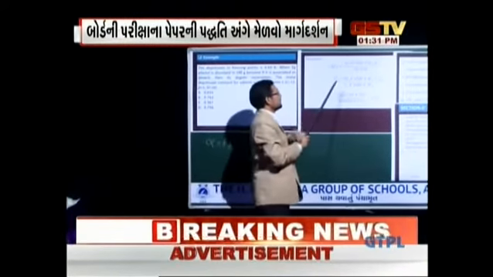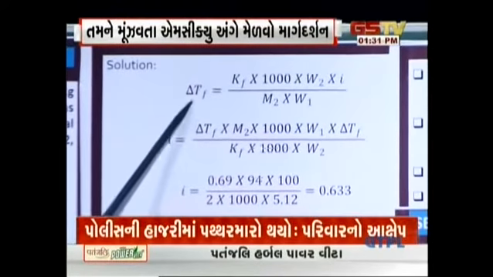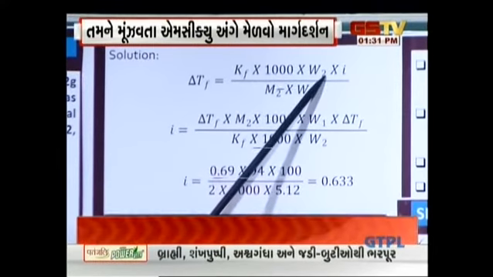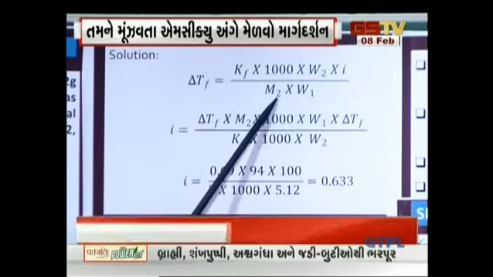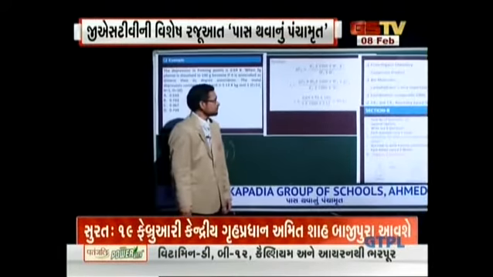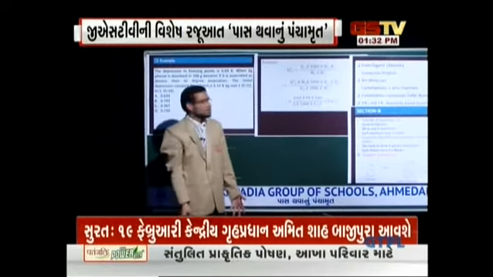We will use the formula for the depression in freezing point: Delta Tf is equal to Kf into 1000 into W2 into i upon M2 into W1. What we have to find is i, that means the Van 't Hoff factor.